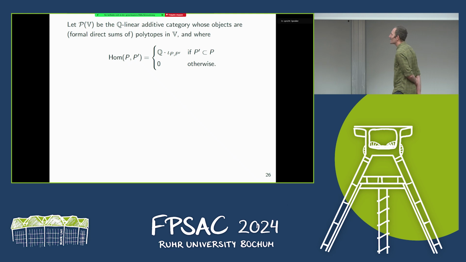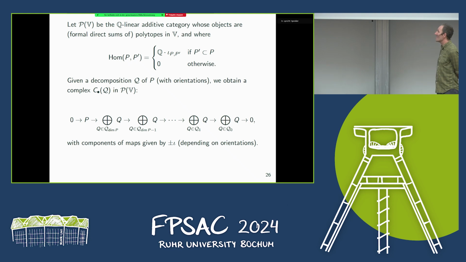So suppose instead of an abelian group, P of V, I want a category, curly P of V. So the objects are polytopes in V, or formal direct sums of polytopes in V. And the hom from P to P prime is just a copy of Q if P prime is contained in P and 0 otherwise.